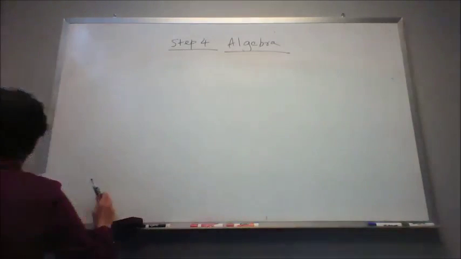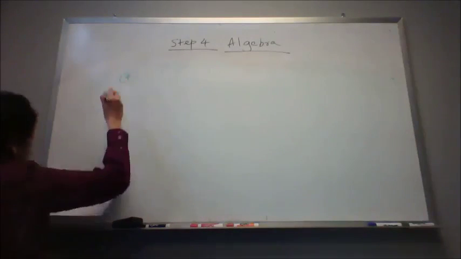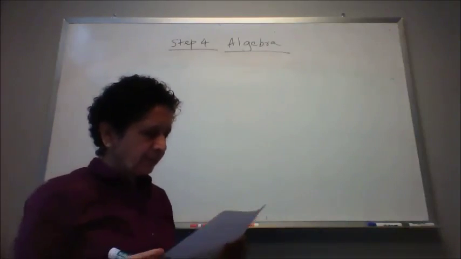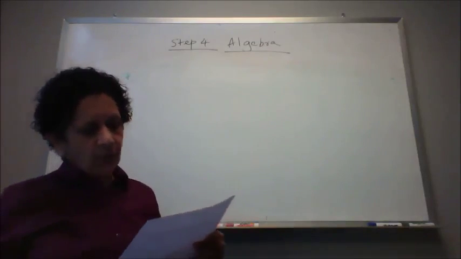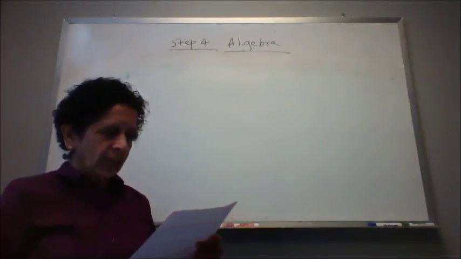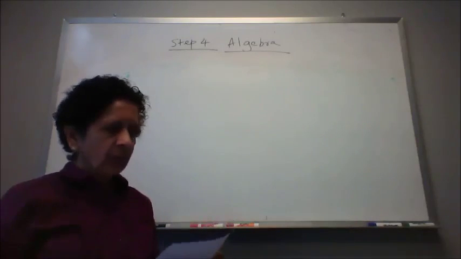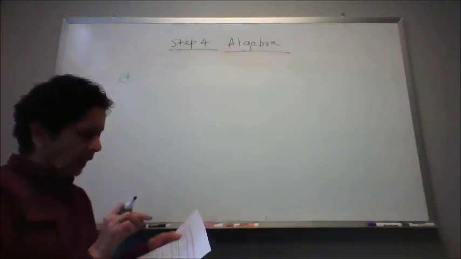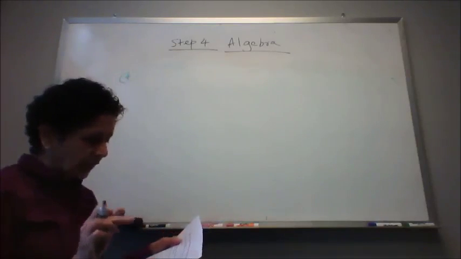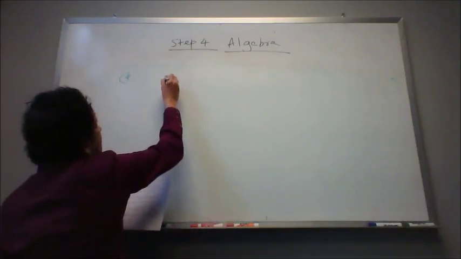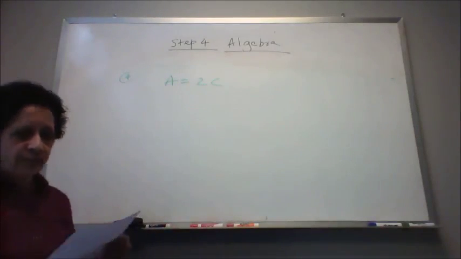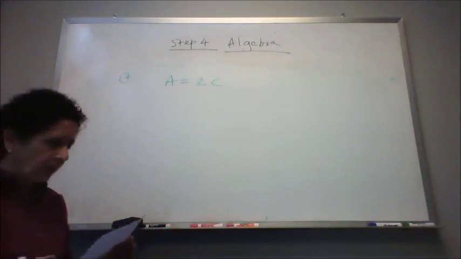So this is problem number 4. So it says that Anne is twice as old as Cindy. 8 years ago, Anne was 4 times as old as Cindy. How old is Anne? Okay. So currently, let's just talk about today. Anne is twice as old as Cindy. Okay. So if we take Anne's age is A, 2 times Cindy's age, 2 times C. That's Anne's age today.